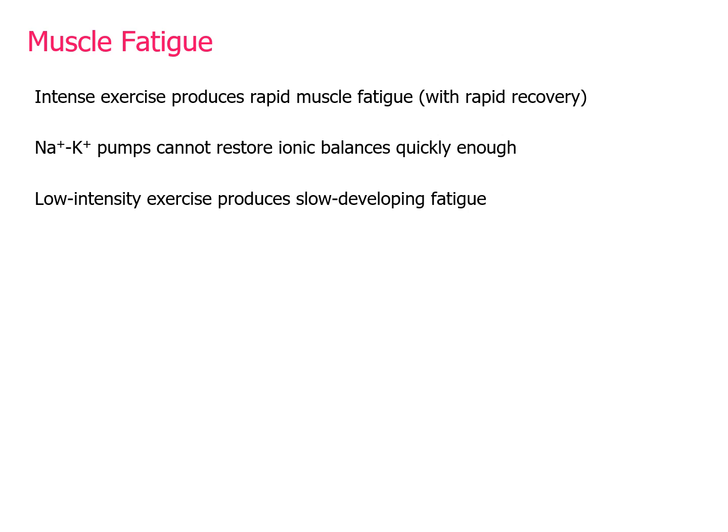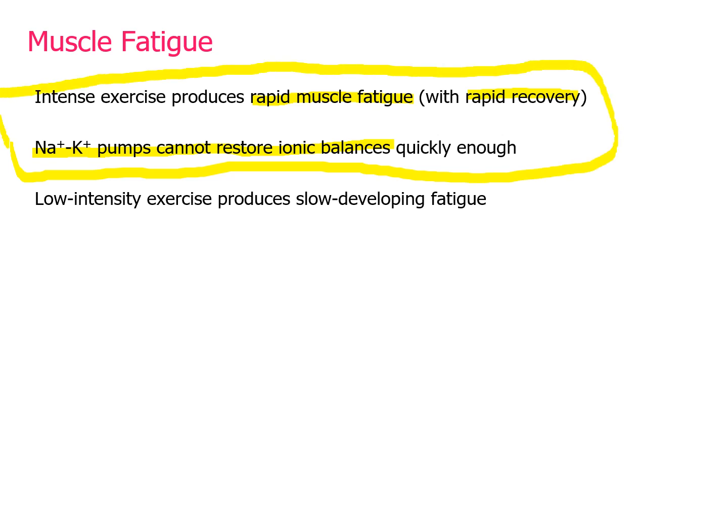So very intense exercise will cause a rapid onset of muscle fatigue, but it has typically a rapid recovery. As I said before, sodium potassium pumps are unable to keep up with trying to rebalance the ionic concentrations, and that's with very intense physical exertion.